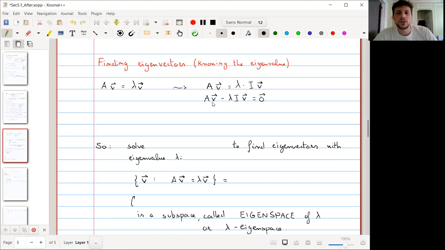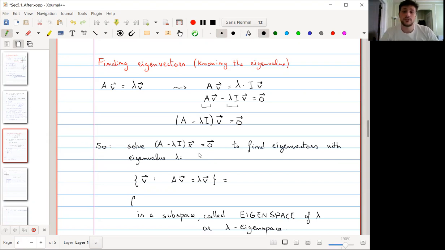But now I wrote v times a matrix here and v times a matrix here. So by the distributive law, I can factor out v and write (A minus lambda I) times v is equal to 0. In other words, to find eigenvectors, we want to solve the linear system (A minus lambda I) x equals 0.